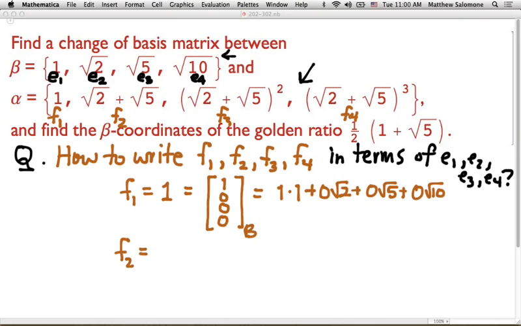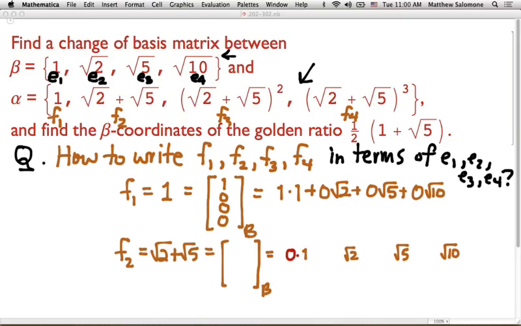The second one should also be relatively straightforward. Square root of 2 plus square root of 5, what does that look like in coordinates in the B basis? So how many 1s, how many square roots of 2, how many square roots of 5, and how many square roots of 10? And the reason this is different in abstract algebra is that we want these coefficients all to be rational numbers.